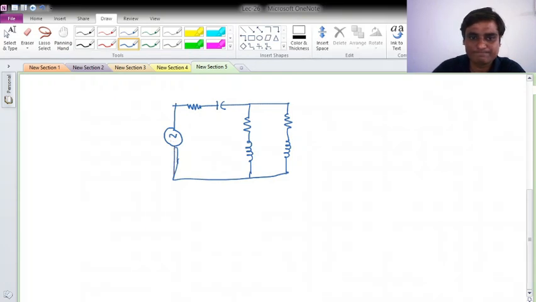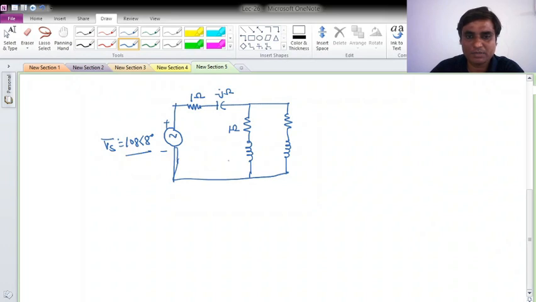Suppose this is the Vs phasor, whose magnitude is any random value, say 108 with 8 degree, for example, nothing matters. Then the elements take some numbers: suppose this is 1 ohm, this is minus j ohm, this is 1 ohm, this is j ohm, then this is also 1 ohm, and this is 3j ohm.